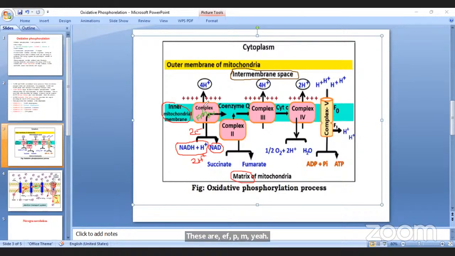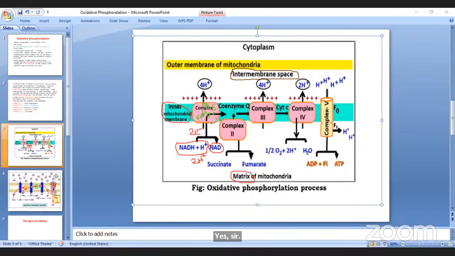From FMN, the electron is transported to the ferrous sulfur, FeS. So these two, FMN and FeS, are present in complex 1. Is it clear?